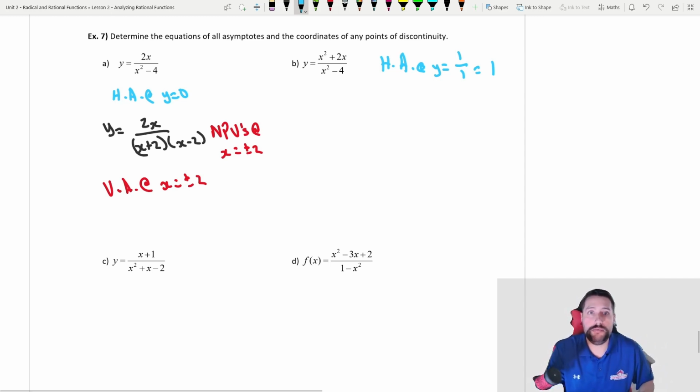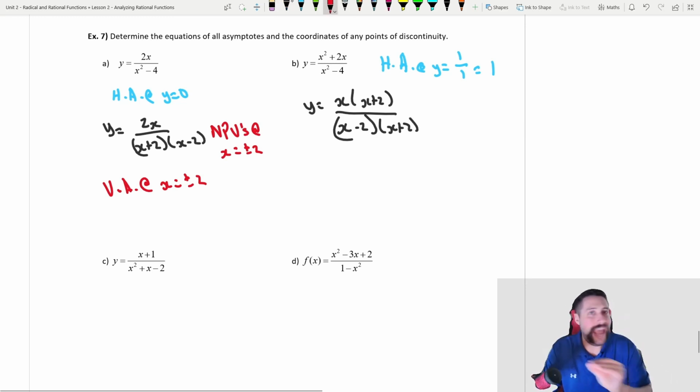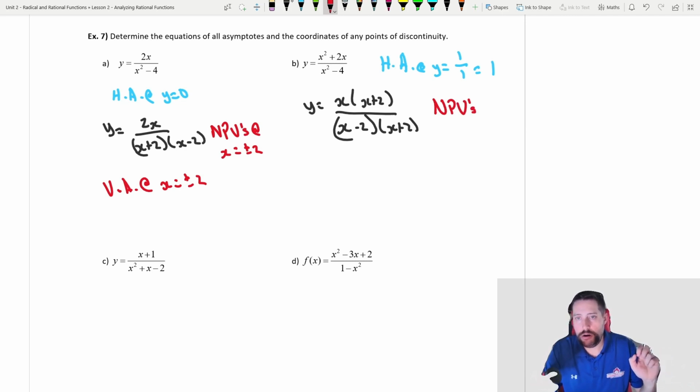Next up, let's factor. So y is equal to x times x plus 2, divided by x minus 2 times x plus 2. Before we do any canceling, the non-permissible values are at x is equal to positive or negative 2.